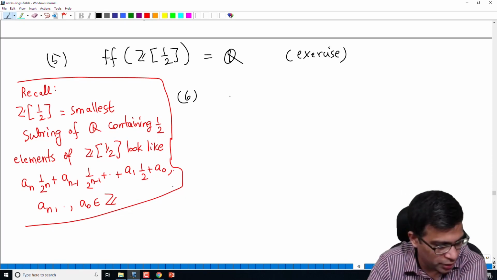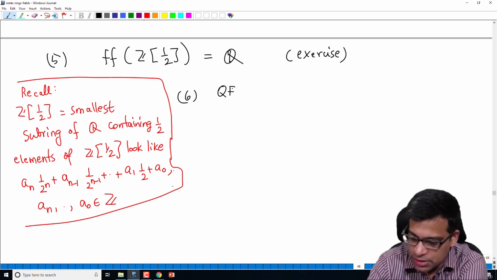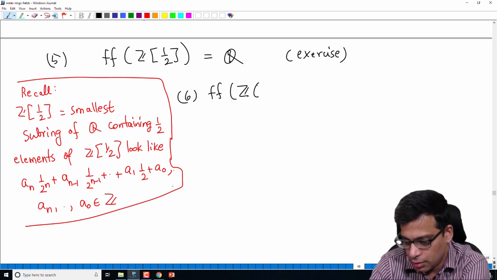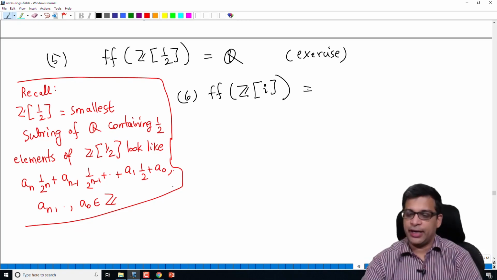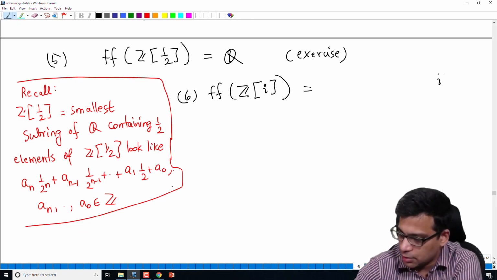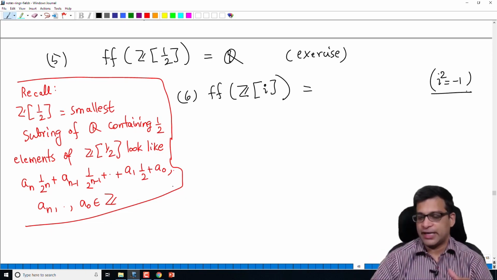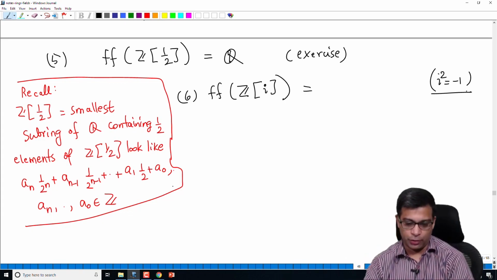And I'll finally mention this example. What is the fraction field of Z adjoined i, where i is a square root of -1 as always? Z adjoined i is defined exactly as in the case of Z adjoined 1/2.